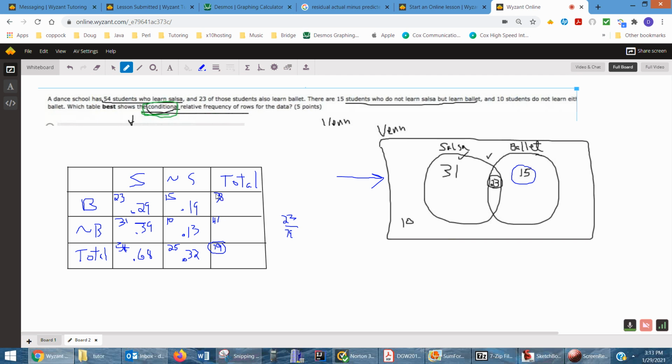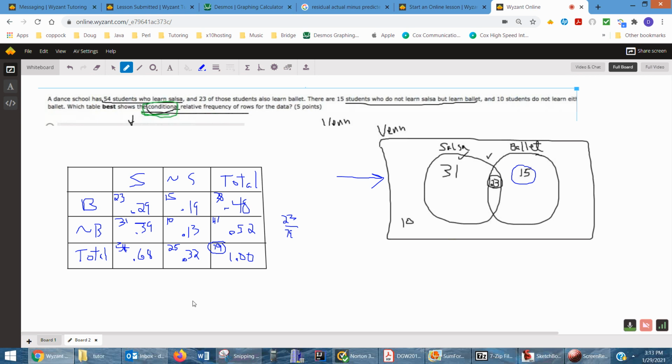So we could do for this column 38, or this box 38 out of 79, or we could add up 0.29 and 0.19, which is 0.48. And 0.39 plus 0.13, 0.52. And guess what? If we add up the relative frequencies down here, we get 1.00, both for this column and this row. So there's the frequency table.